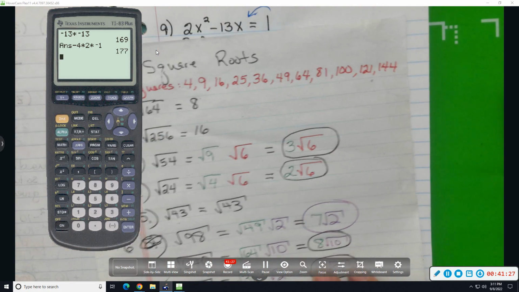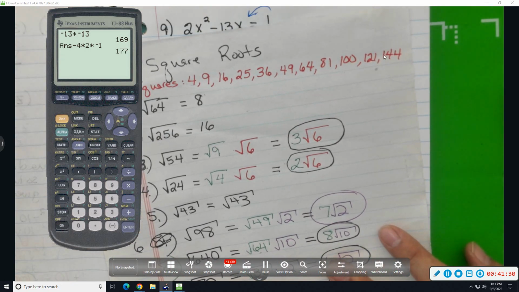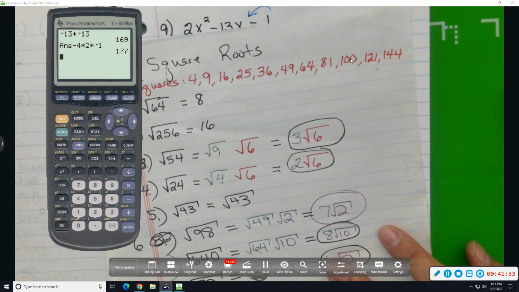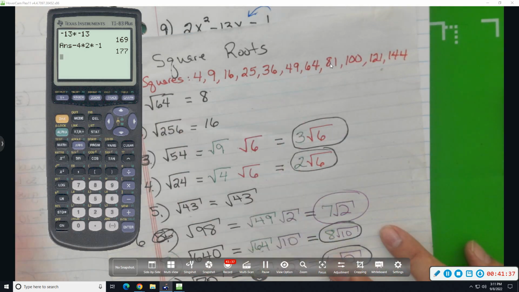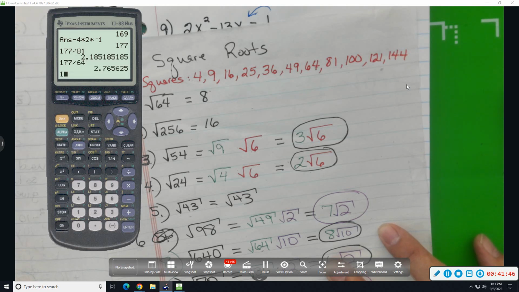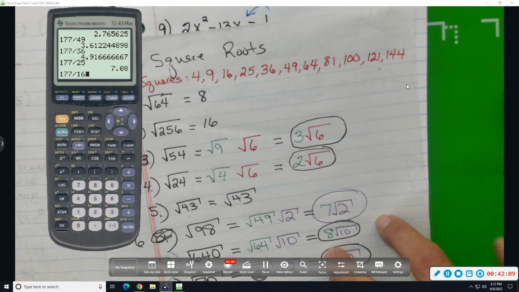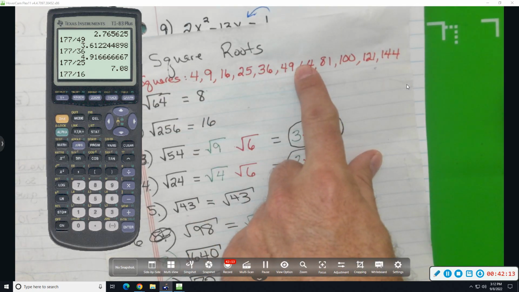Numbers bigger than 100 wouldn't go evenly into 177, so let me start with 81. 177 divided by 81, clearly not. 177 divided by 64. 49. 36. Are we going to be able to simplify this? No. But you see how I'm thinking? I'm trying to show you my thought process. Why do I decide we can't simplify the square root of 177? None of these perfect squares will divide evenly into it.